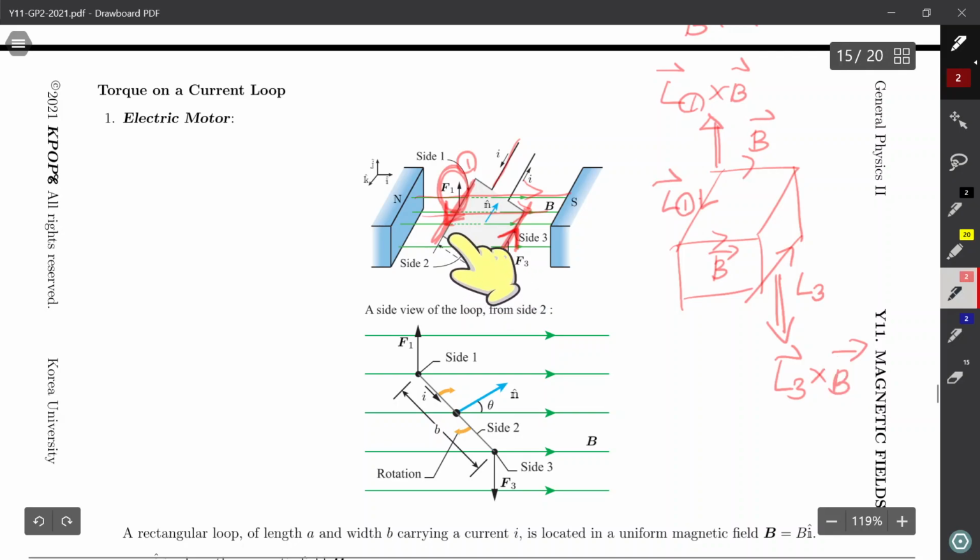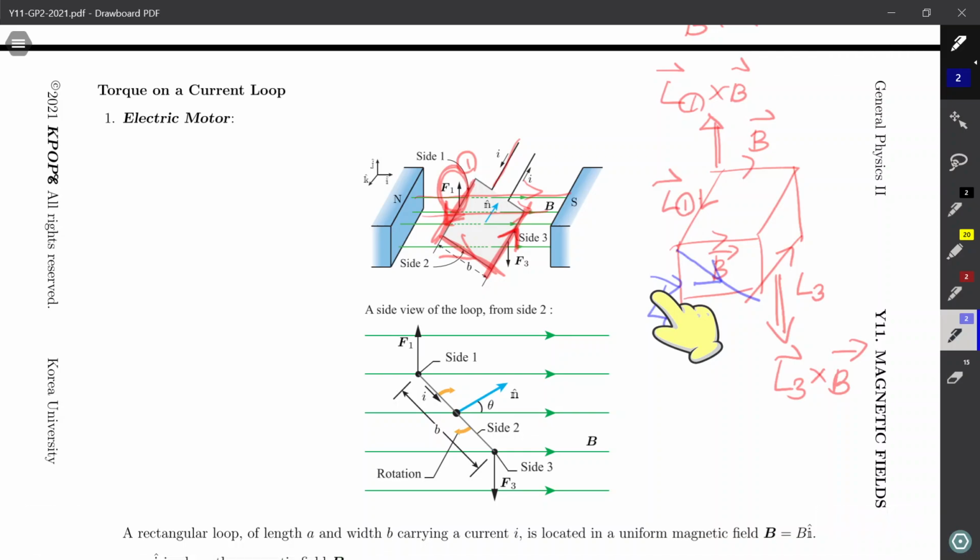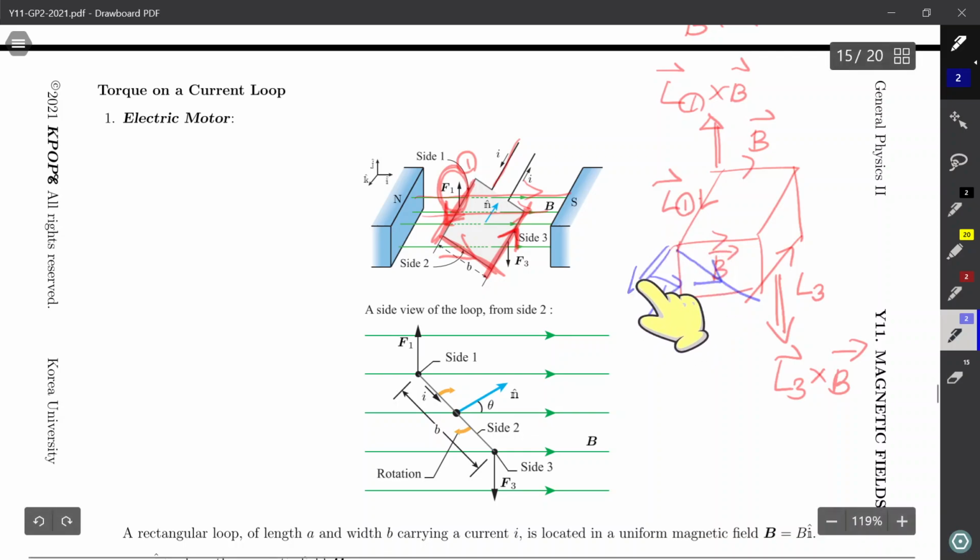What about this side? The current is going down, making some angle, to this side 2. L2 cross B is in this direction.